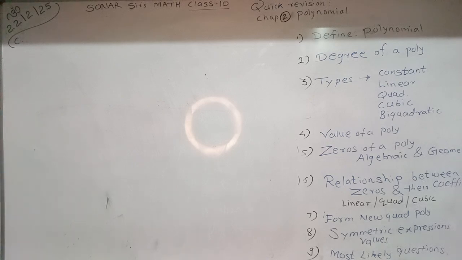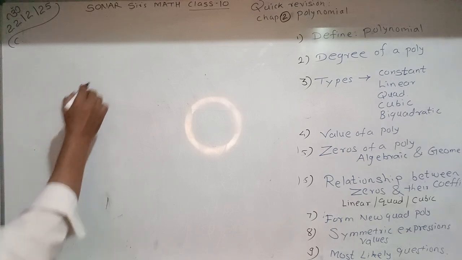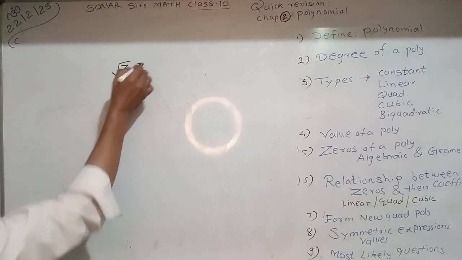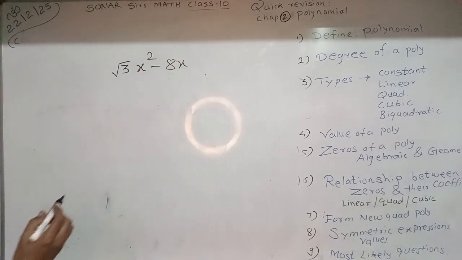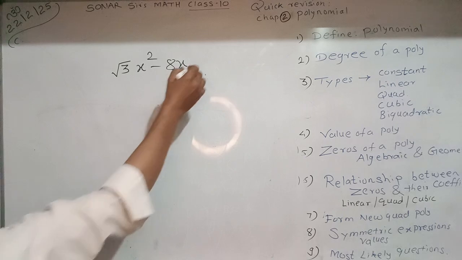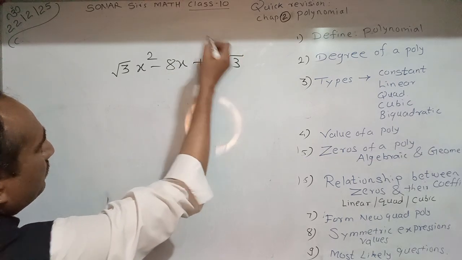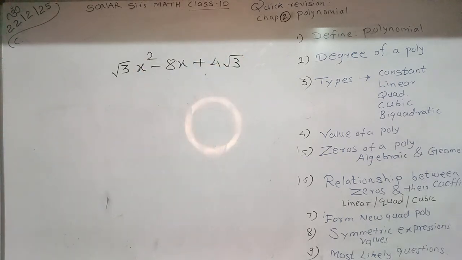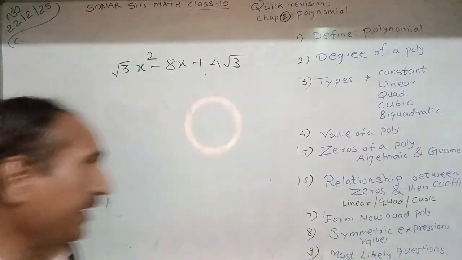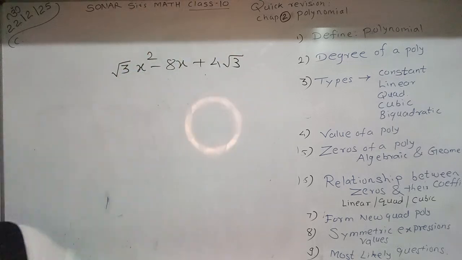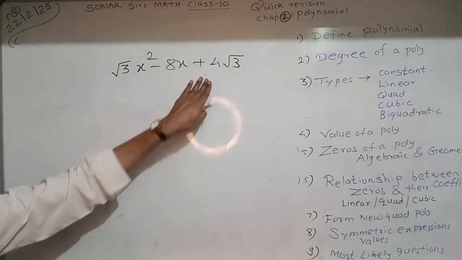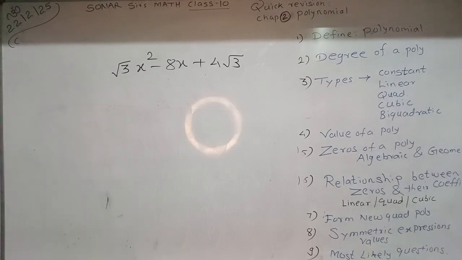Find the zeros of a quadratic polynomial and verify the relation. We'll take one root example, root 3 x square minus 8x plus 4 root 3. This is a quadratic polynomial. We have to find zeros also and we have to verify the relation also. This type of question is asked for 3 marks or more than 3 marks.